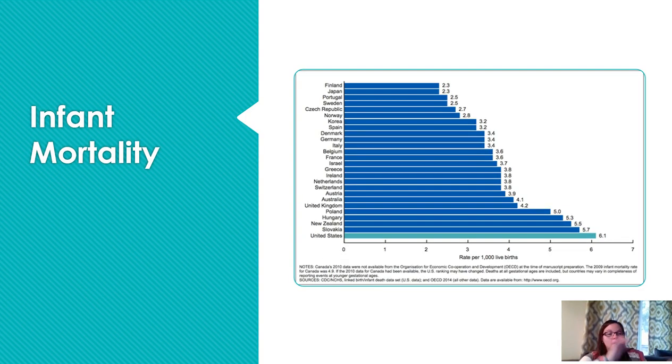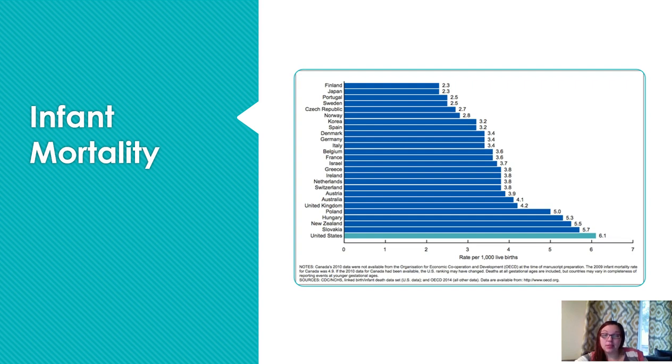All right. So switching gears a little bit, we'd be remiss if we didn't talk about infant mortality and thinking about anticipatory guidance especially. This is a little bit older. It's from 2010, this data, but I still think it shows a really good picture view of where we in the United States kind of fall.